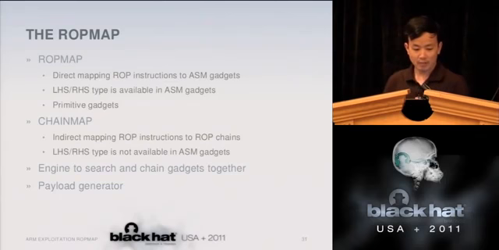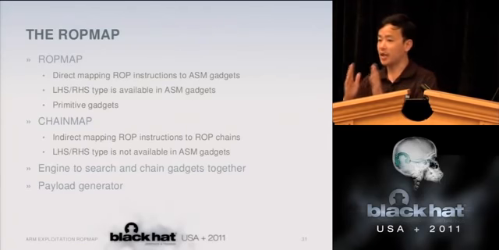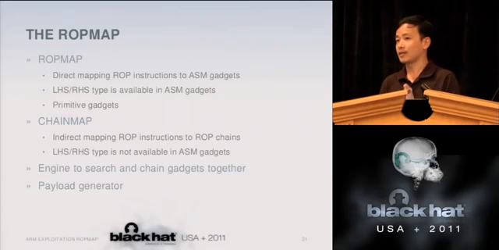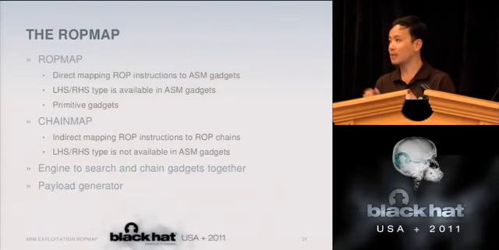Another map we define here is called the chain map. In case there is no direct mapping from a ROP instruction to an assembly gadget, we will map it to another chain of ROP instructions. We'll show it later. So we will have a complete map from ROP instruction to assembly gadget or to another ROP instruction.